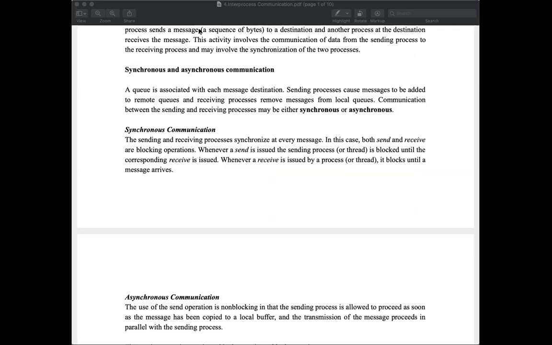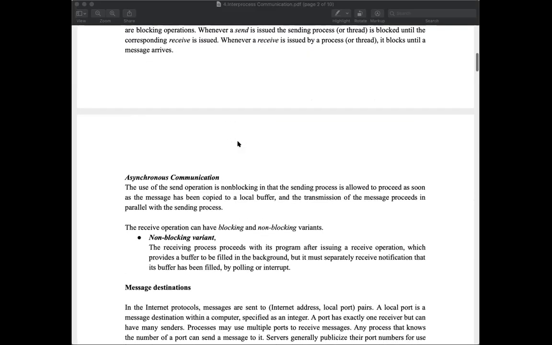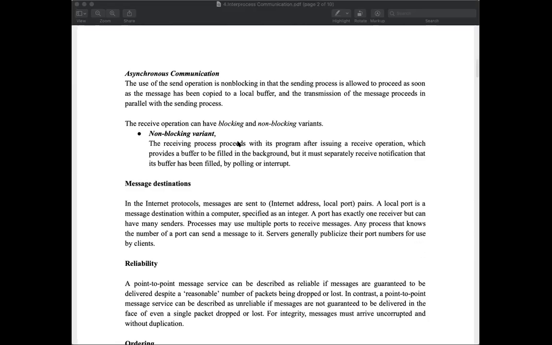But when you're talking about asynchronous communication, once the sender is done with sending that message, the sender is not interested in the receiving message, so he can continue on his task. The sender can execute his respective task rather than blocking on the receiving status, right?